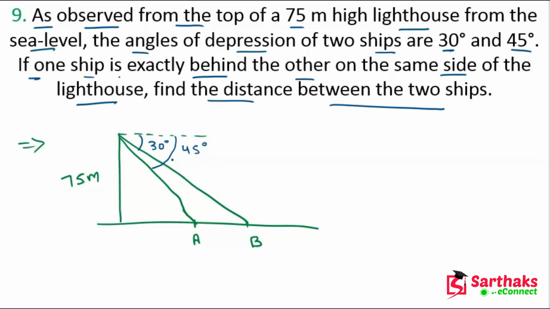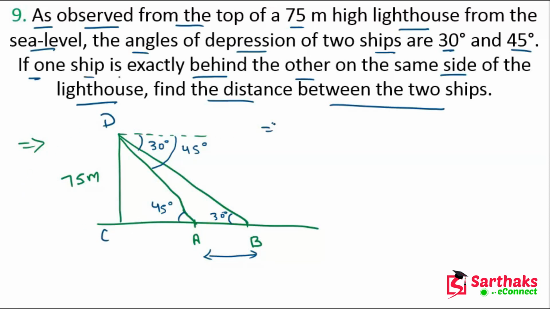So if we observe this angle B and 30 degrees alternate angle, so this is also 30 degree. And this angle is also 45 degree, and we have to find this distance, the distance between two ships AB. Okay, so let's suppose this is A, B, C and D.